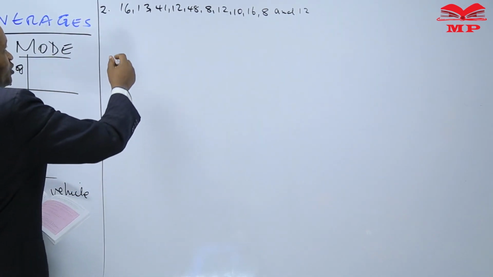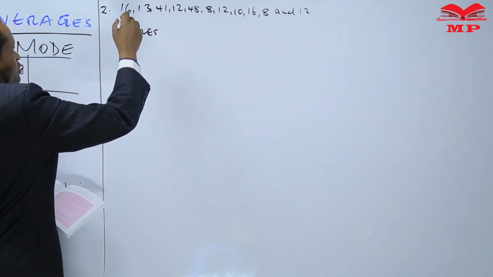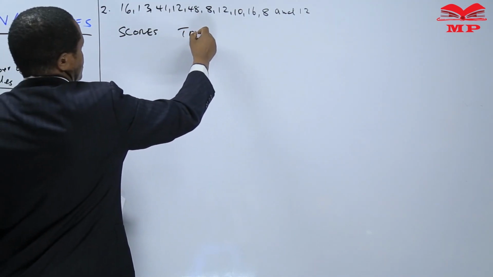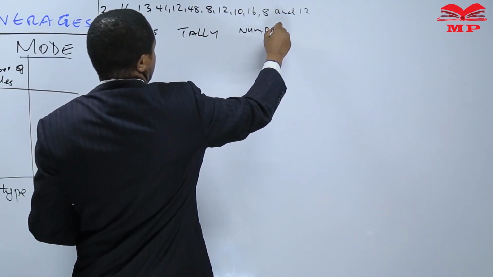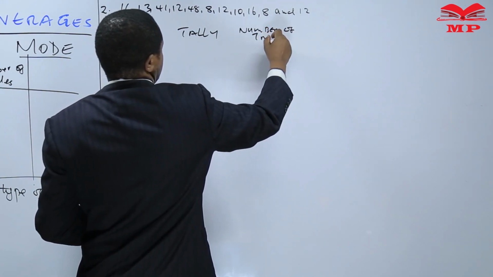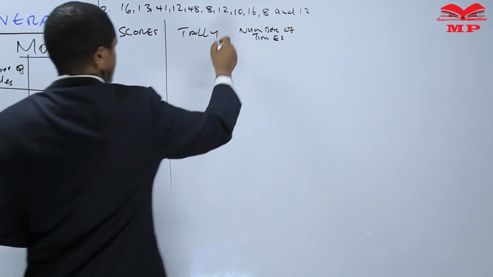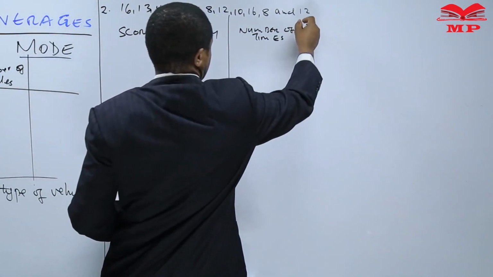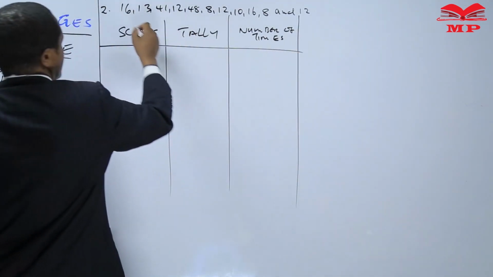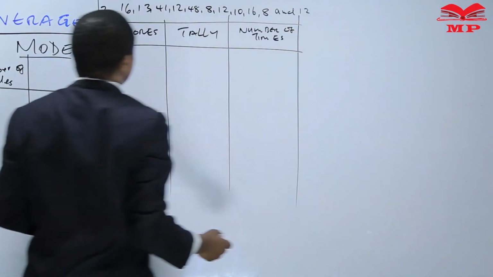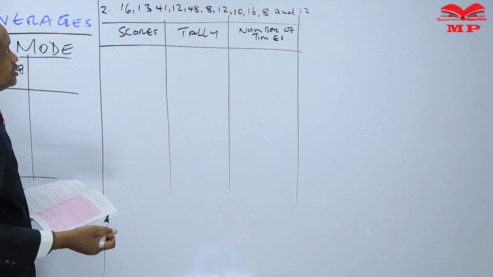A frequency table where we'll have a column for the scores, then another column for the tally, and another for the number of times. So we have 3 columns.